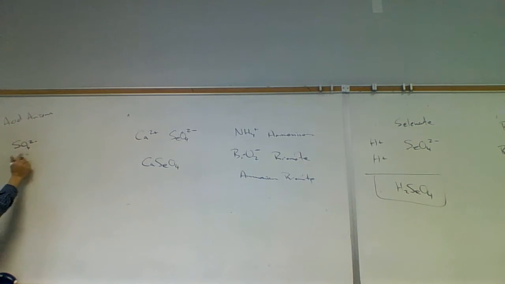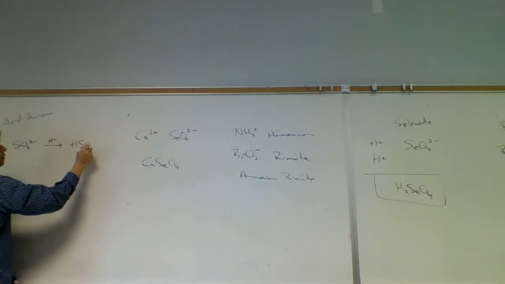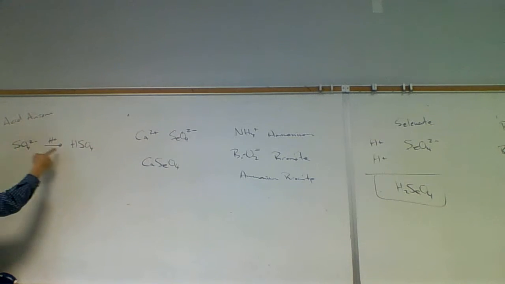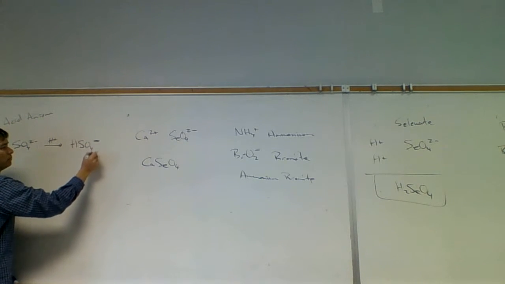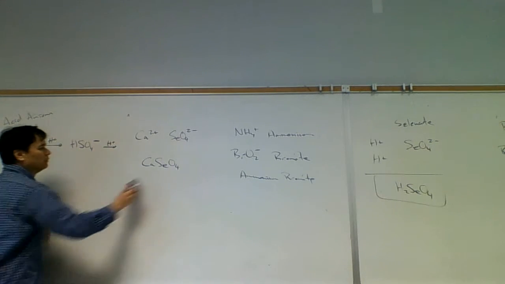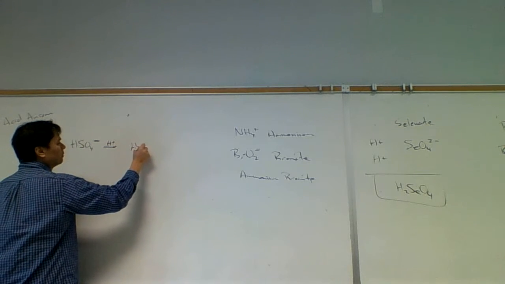If we have sulfate, then if we add an H+, we'll have HSO4. Do you know what the net charge is? H is positive, sulfate's 2 minus, so this whole thing is going to be -1. If we add another H+, then we have what we'll call an acid, H2SO4.